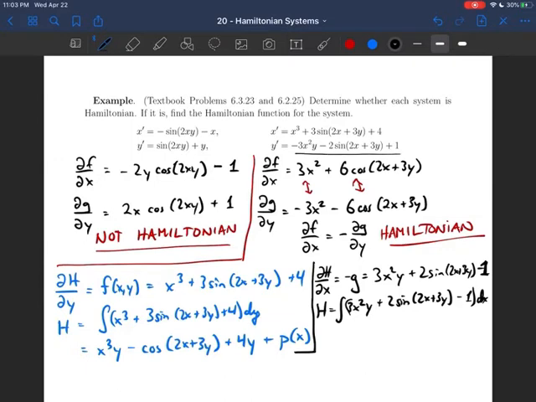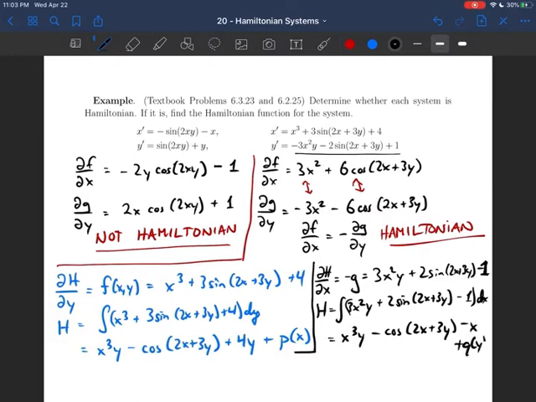Okay, so we need to take the antiderivative of that. h is equal to the antiderivative of 3x squared y plus 2 sine of 2x plus 3y minus 1 dx. I've just taken the negative sign through everything up here. That's why everything gets the reverse sign.